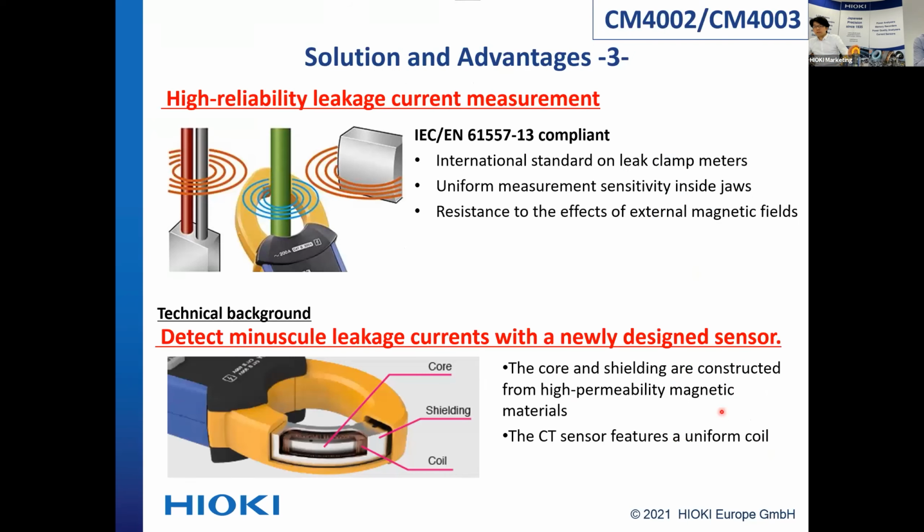The next one is the large type model, CM4002 and 4003. Some customers require EN61557-30 compliance. This is an international standard on leakage clamp meters. The important thing is to show a highly stable measurement value without being affected by noise.